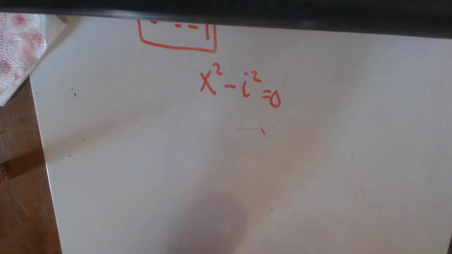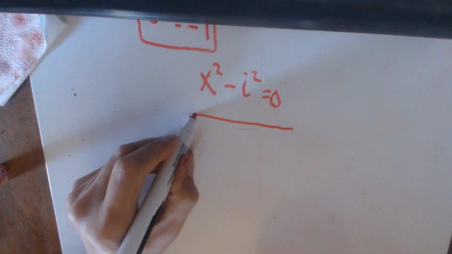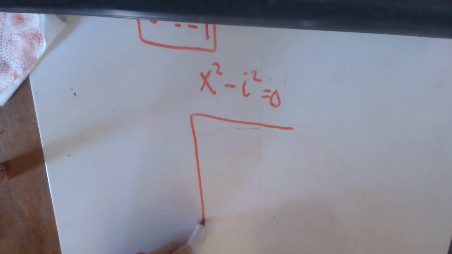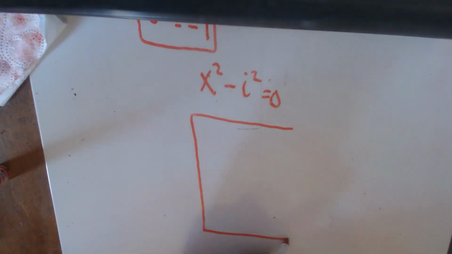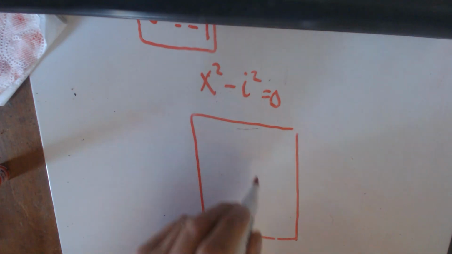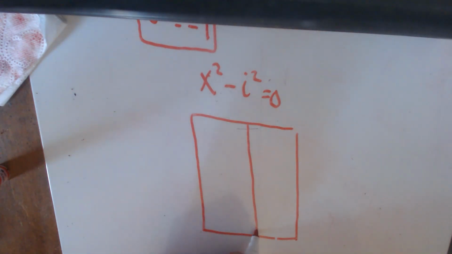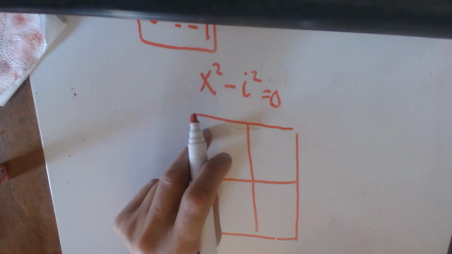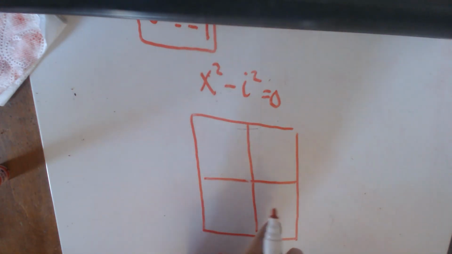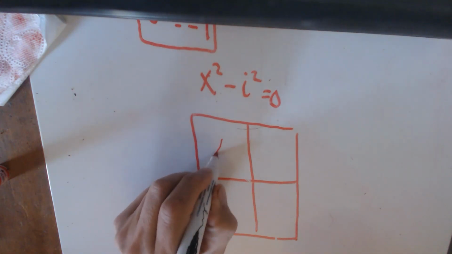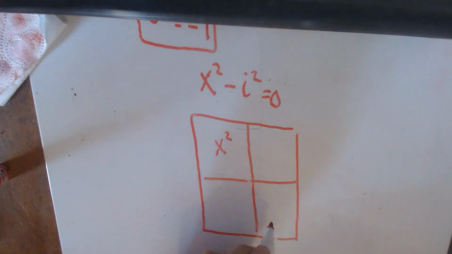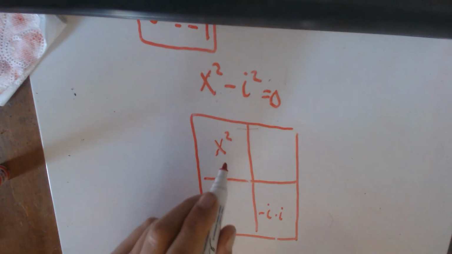We divide it into 4 sub-rectangles, and we're going to use the square diagonal here, and put x squared there, and you write minus i times i. That is minus i squared.